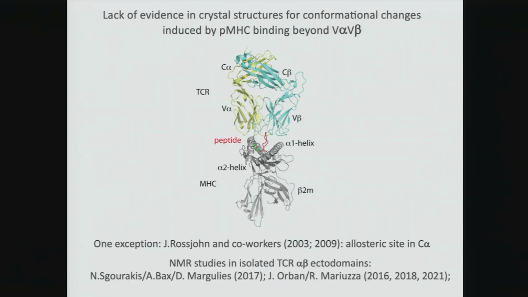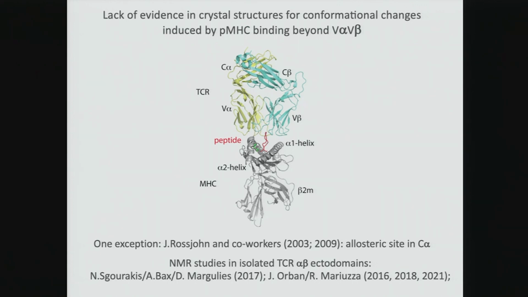And then starting 2016, 17, this bunch of people started to publish NMR data. So you purify, you have alpha, beta in solution, you add the ligand, and then by labeling you can see how the atoms, the side chains and the main chain are moving.